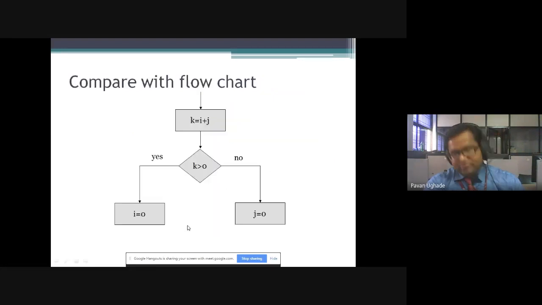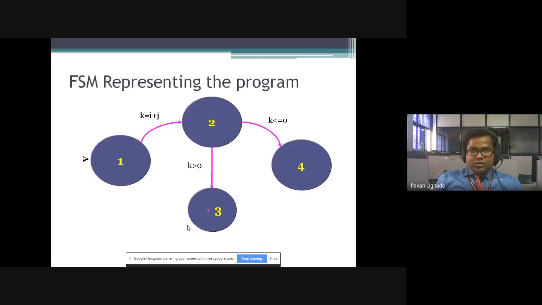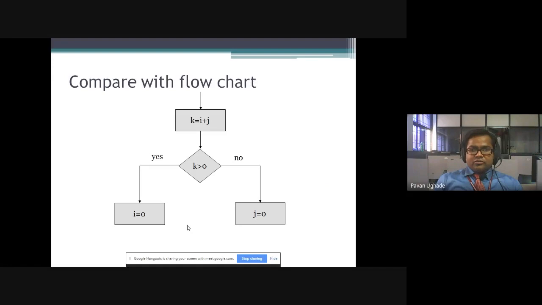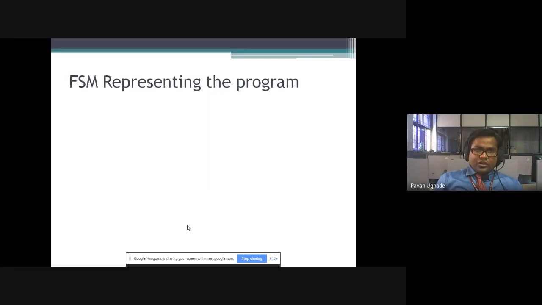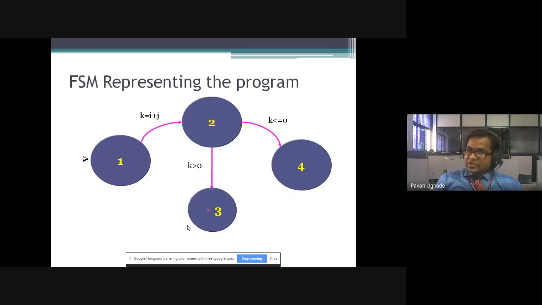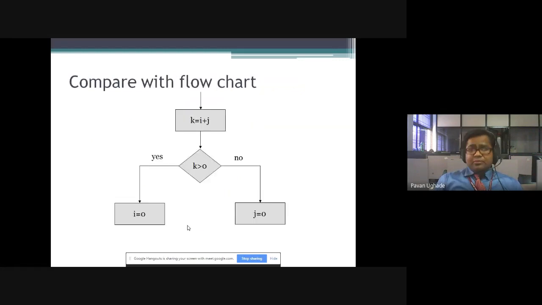Now this is your flow chart, if you are aware of all those things. If you look, you will feel this looks like your flow chart, and this is your finite state machine. Isn't it simple? We are going to design all those things. So for any program, we can design an FSM if we are able to get the flow chart.